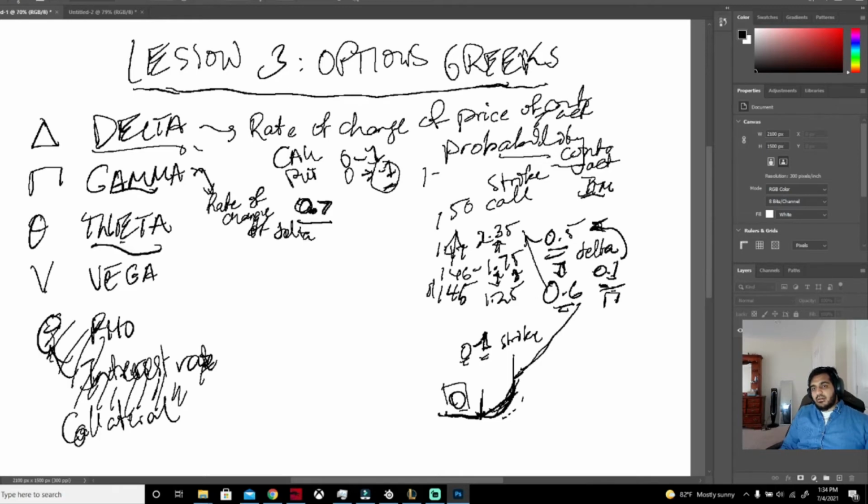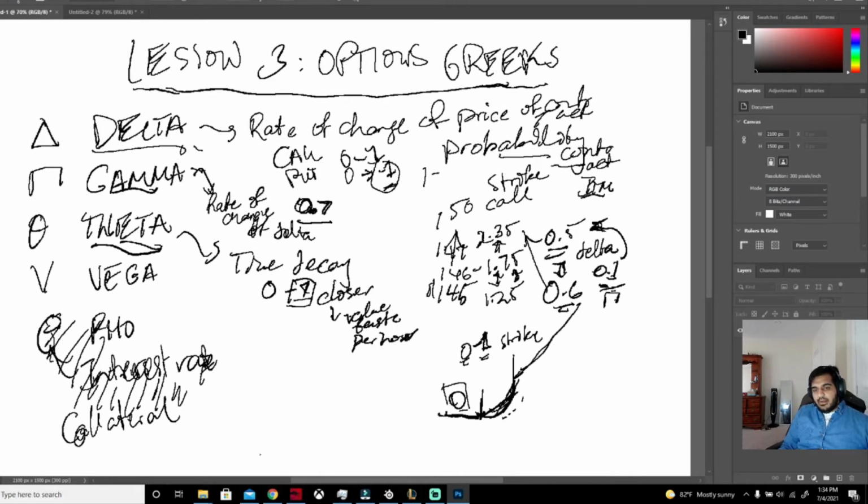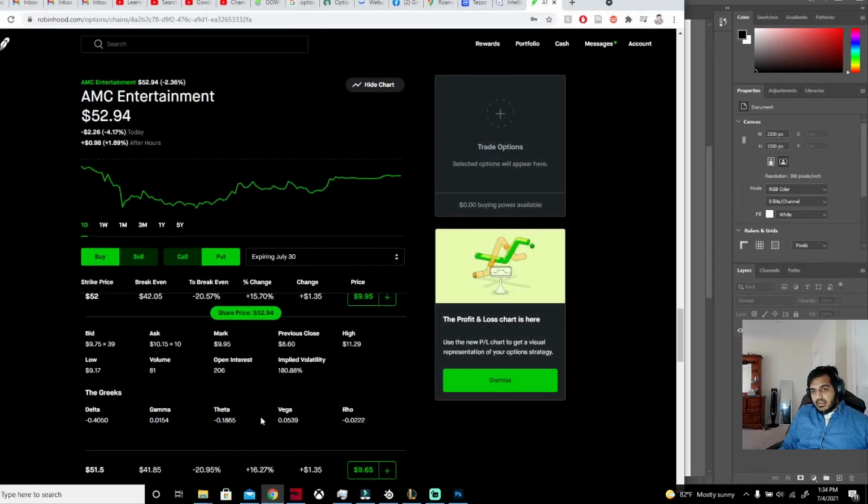But theta here, theta is time decay. And it also goes between 0 and 1, where as it gets closer to 1, it decreases in value faster. I think it's per the hour or something like that, but we can see here that if we got a theta, it's already decreasing.